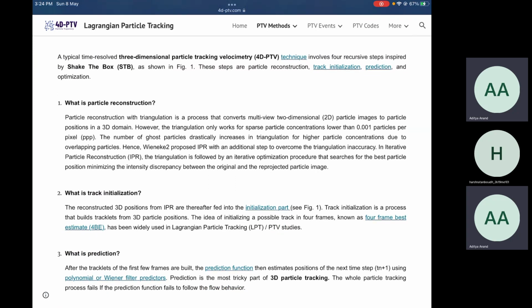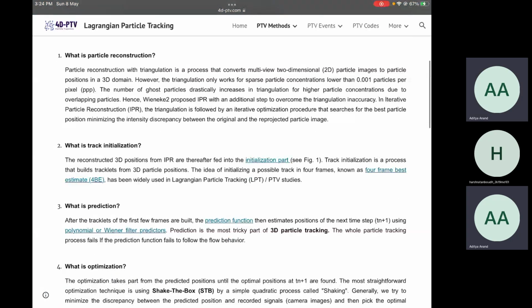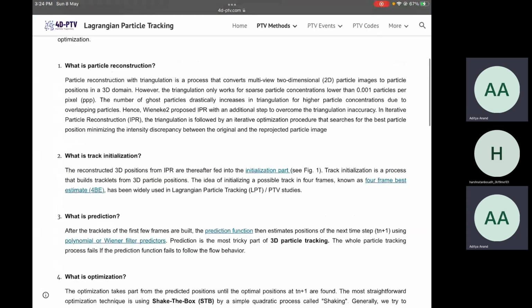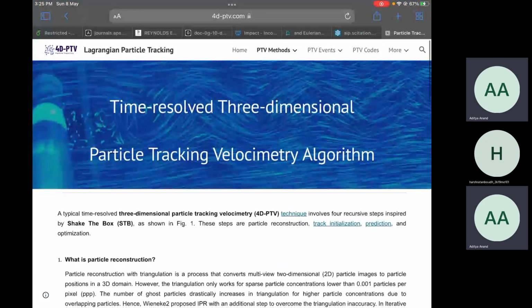They take several time frames, all those snapshots, and they calculate the optimum track. I mean, there can be several tracks possible, and then they predict the path of those particles. So there is this track initiation step, which is what this paper is about, the one that they have.